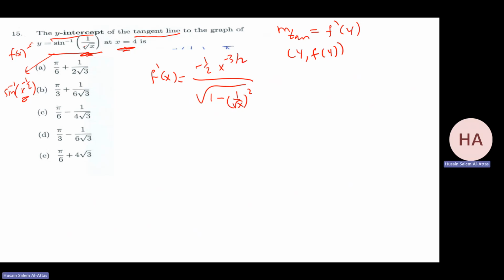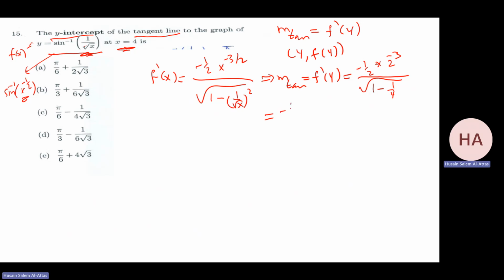Since I want to find m tangent, which is f prime at 4, just substitute x equal 4. Minus half, square root of 4 is 2, times 2 to the power minus 3, over the square root of 1 minus 1 over 4. So the answer is, what is this? This is 1 over 8.